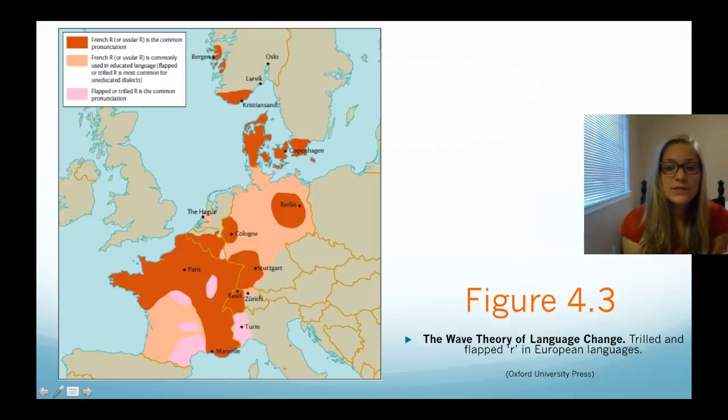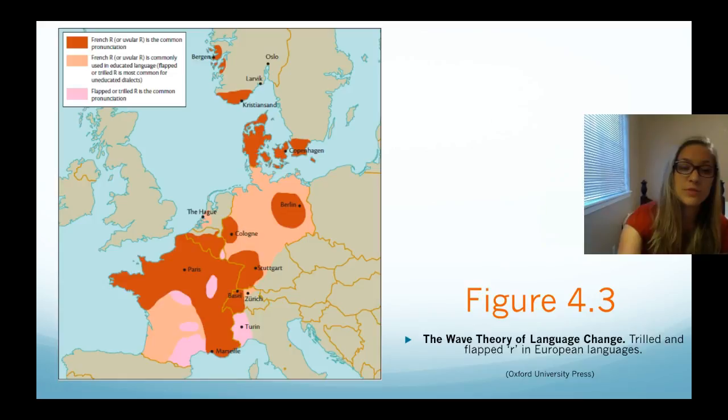So this figure from a different textbook is just showing that wave theory of sounds and things diffusing like a wave through different parts of the world. So this is specific, the French R sound being spoken differently throughout different parts of Europe there.